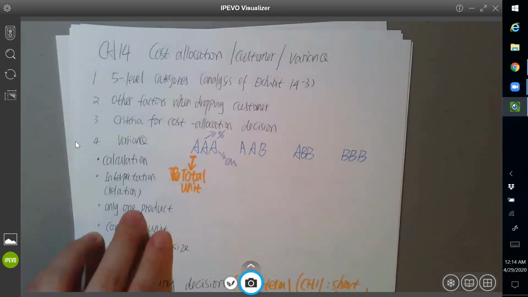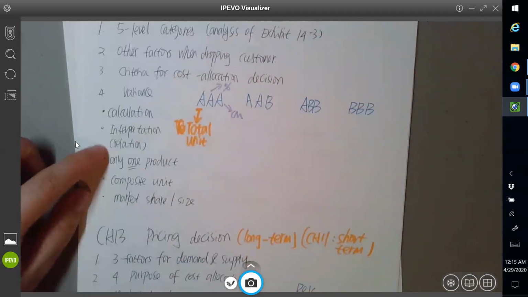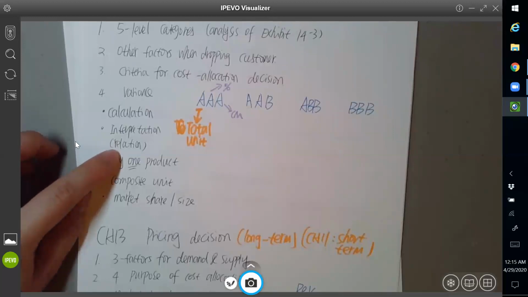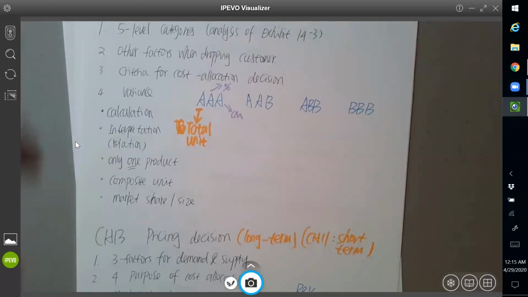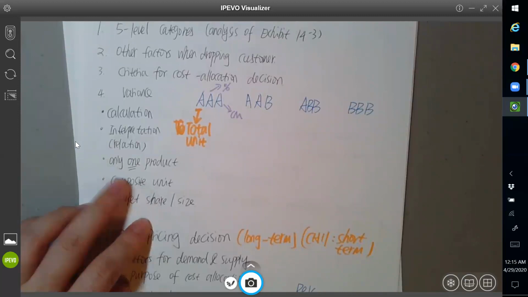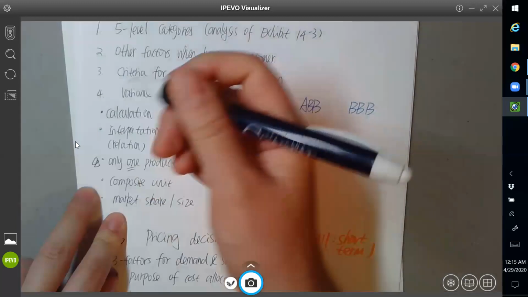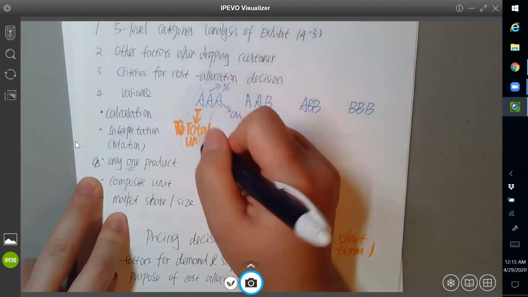That's the thing we have been practicing a lot: variance calculation, interpretation, relationship. If I tell you market size variance is $2 favorable, market share is $3 unfavorable, then your sales quantity variance will be $1 unfavorable. So those things you have to know. One more thing, Robbie said, if you use my formula, the first variable is the total units.